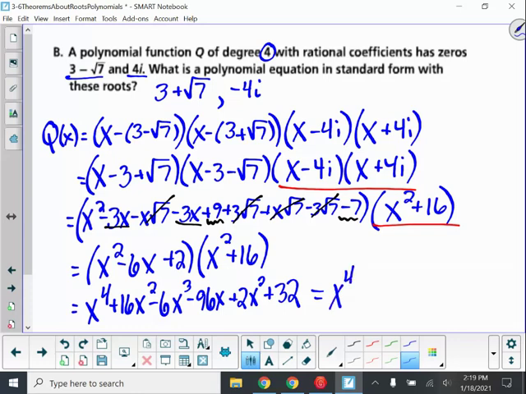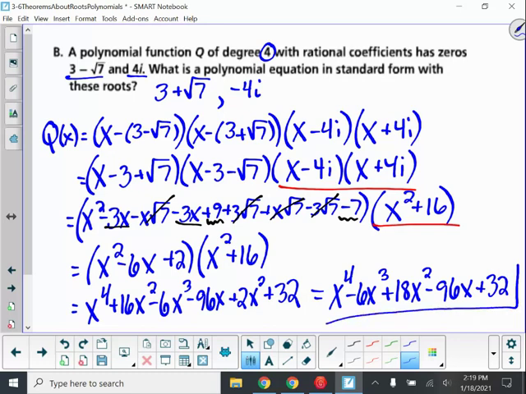So this is going to be x to the 4th minus 6x cubed. I'm going to list this in standard form plus 18x squared minus 96x plus 32. And that is my degree 4 polynomial that has rational coefficients and the complex roots of 3 minus square root of 7 and 4i.